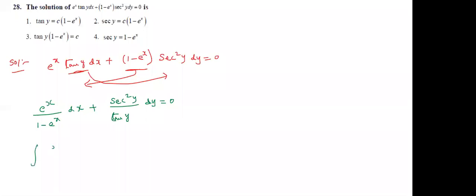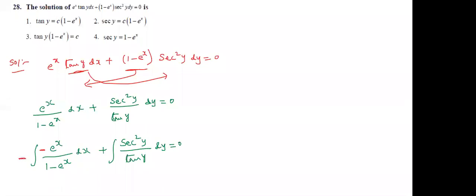Integration e power x by 1 minus e power x dx plus integration secant square y divided by tan y dy, that is equal to 0. Now see the first term. Here we need minus, so I am writing outside minus.